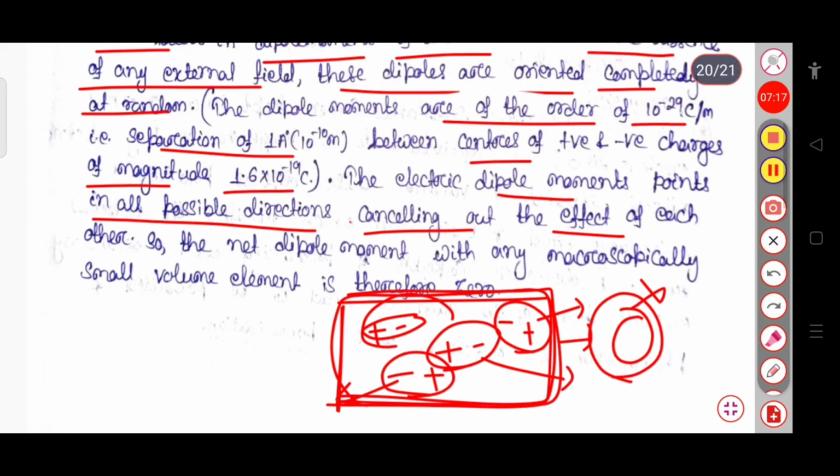So the net dipole moment within any macroscopically small volume element is therefore 0.